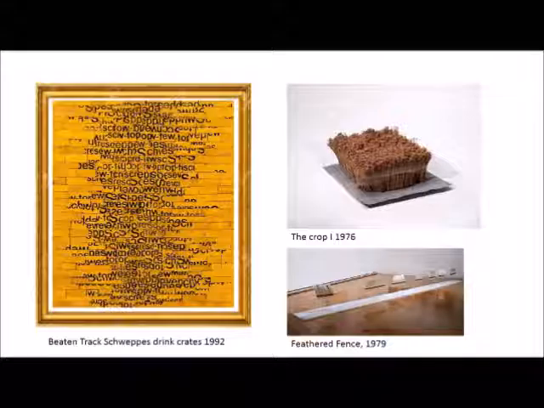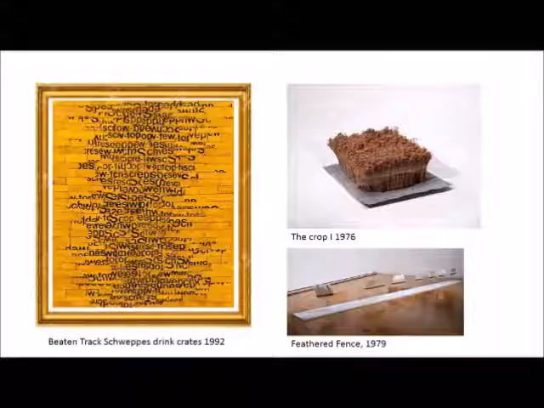She has many of those ones, and her sculptures are just as poetic and beautiful, with found materials juxtaposed with natural materials, such as in the crop, and also the feathered fence of lots of cockatoo feathers found lying around the land. The cockatoo features a lot in her artwork.